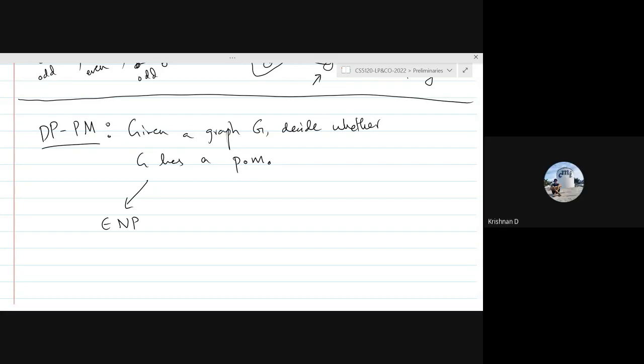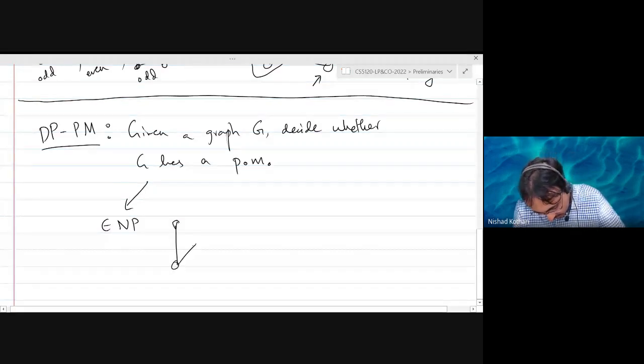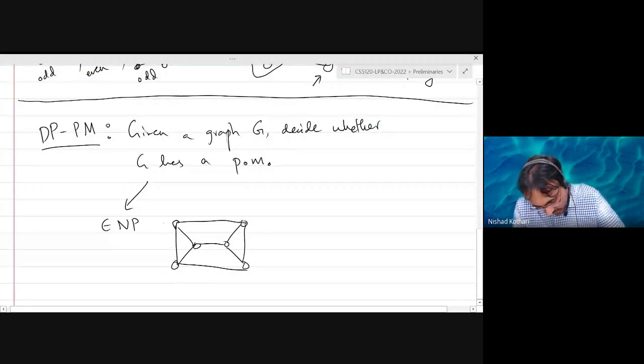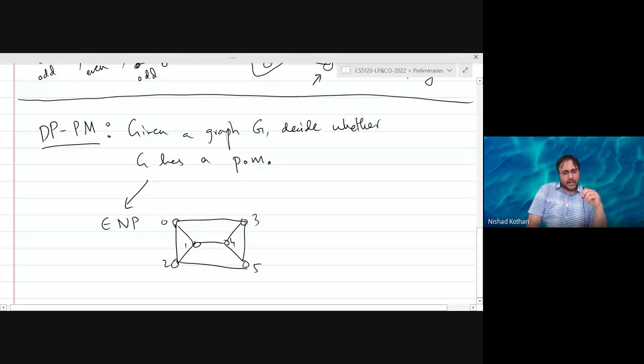Yeah, you can convince. Okay, and can somebody else tell me how you would convince your friend that a given graph has a perfect matching? Supposing I give you this graph. So how would you convince your friend that this graph has a perfect matching? Provide a perfect matching. Exactly.